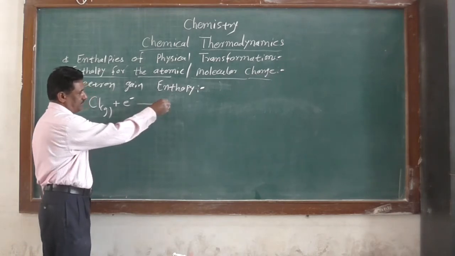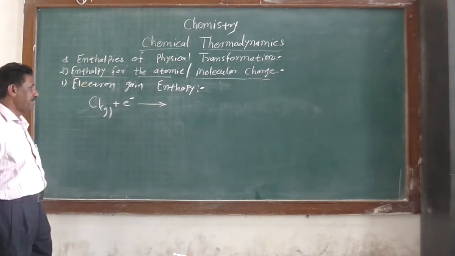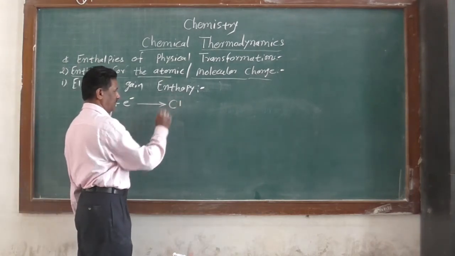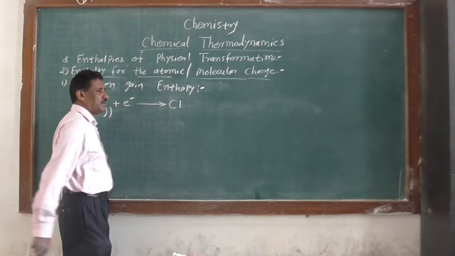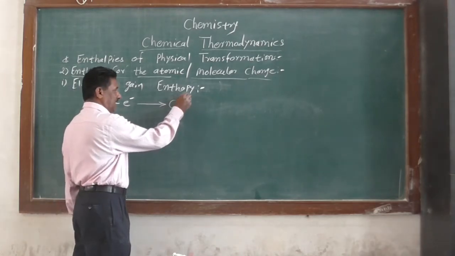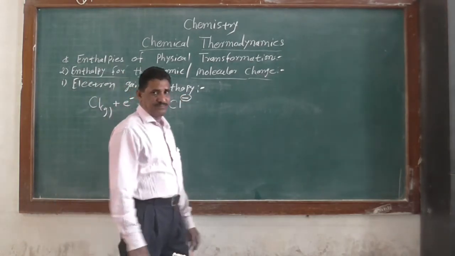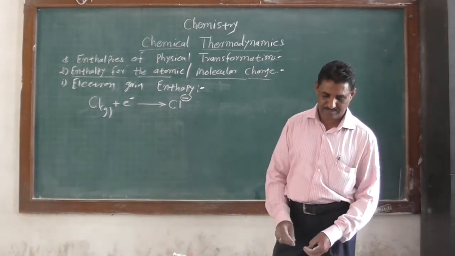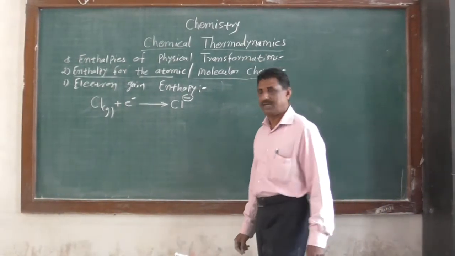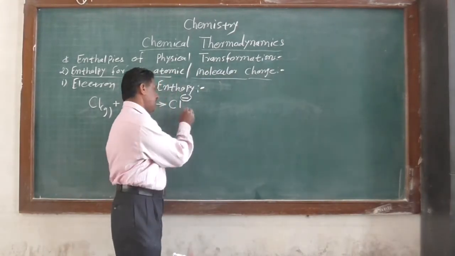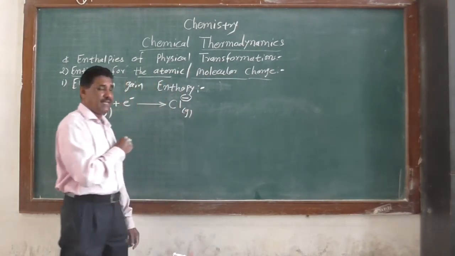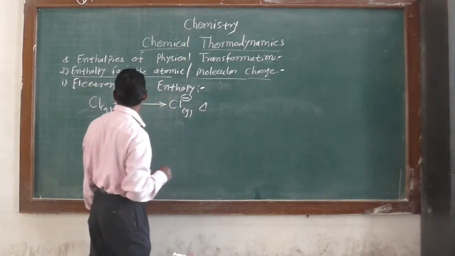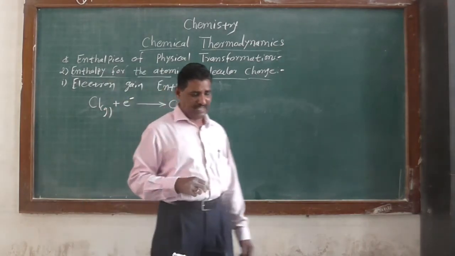That time this chlorine is converted into gaseous ion. And here the change in energy means delta electron gain enthalpy.